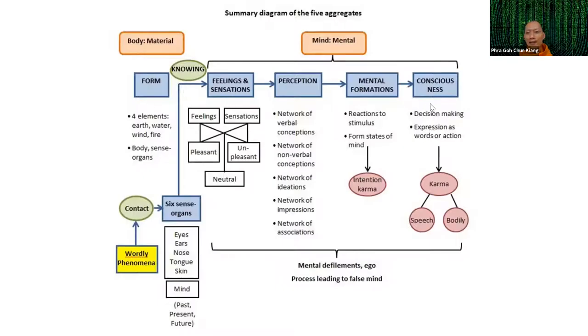But you don't need to know dependent origination now. You just know these five come together. And consciousness is basically your awareness. Either you're conscious or unconscious. If you are not aware, that means you are not conscious about it.